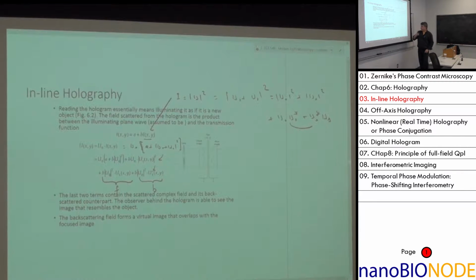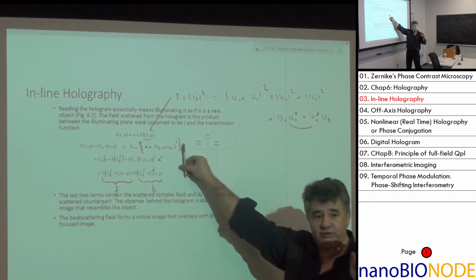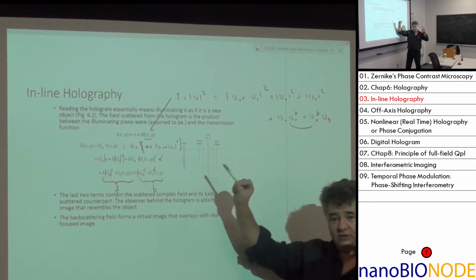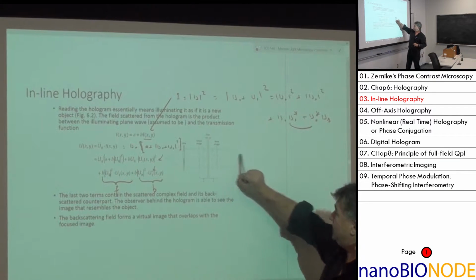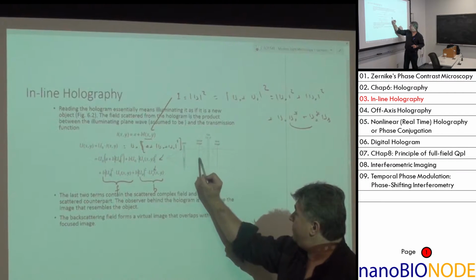What this tells you is that if I take my hologram that I've written and I illuminate it with the same plane wave, I will get an exact replica of the field that made that hologram, one going forward and one going backward.